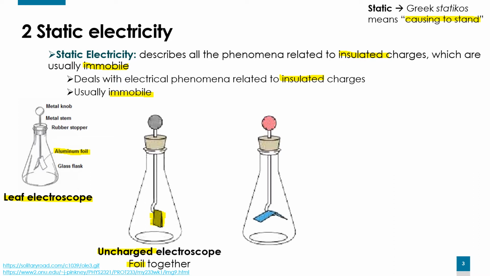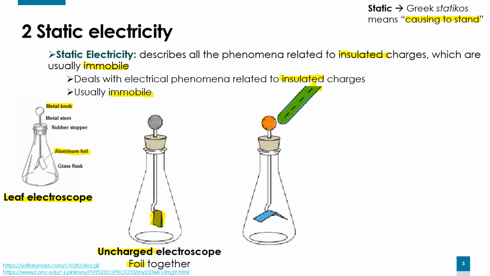But what happens when I have a charge? For example, if I have this electroscope here and I touch a conductor with negative charge, touching this metal knob on the electroscope, what's gonna happen? If here I have a negative charge, what kind of charge will the metal knob attract?